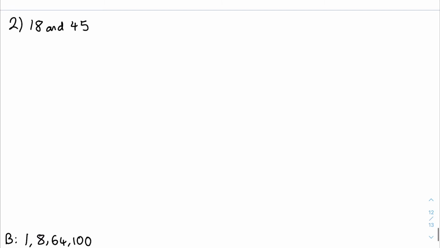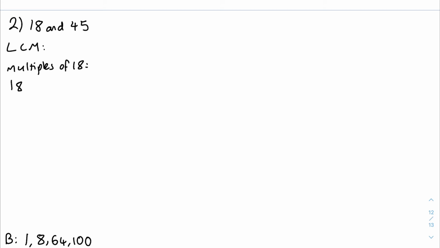So we now have 18 and 45. So same sort of approach. We'll start off by finding the lowest common multiple. So multiples of 18. And same thing, we want to be thinking about multiples of 45 as well at the same time.